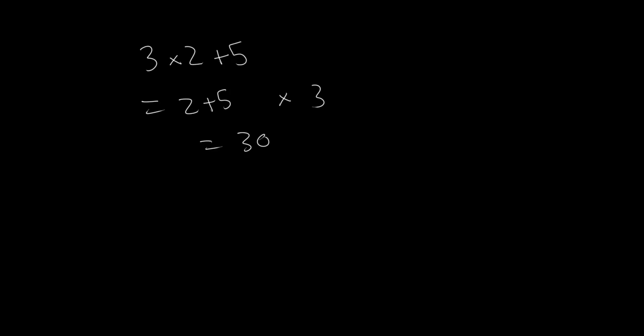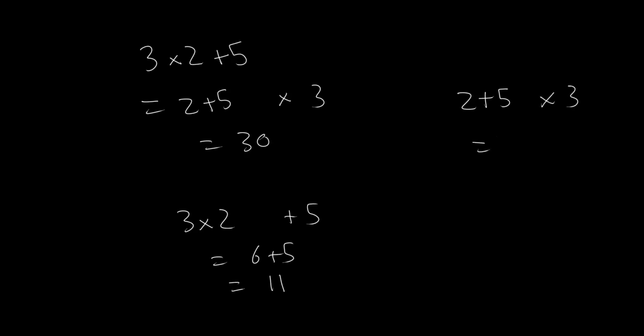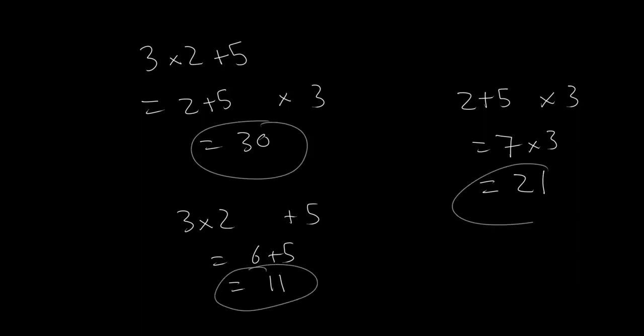The answer to this could be 3 times 2 plus 5, which would be 6 plus 5, or 11. Or maybe the answer to this could be 2 plus 5 times 3, which is 7 times 3, and that's 21. So as you can see, we're left with 1, 2, 3 different answers. Which one is the correct answer?